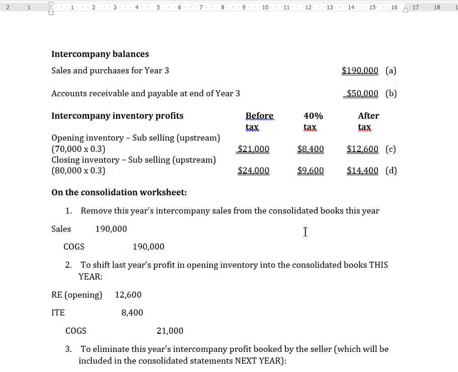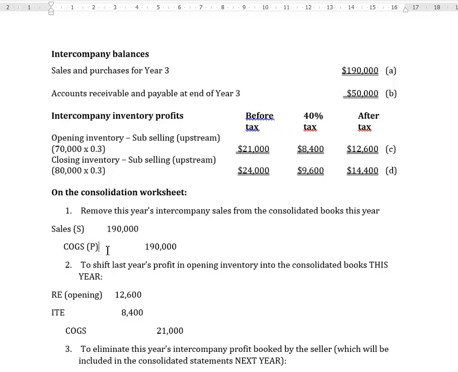of the intercompany sale from the sub to the parent in year 3. Now, you can see this isn't on any separate entity's books because the original seller was the sub, right? So this would really be the sub's sales, and the original buyer, the receiver of the goods, was the parent.